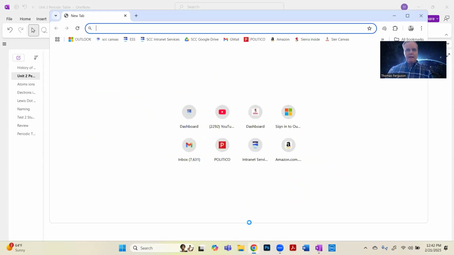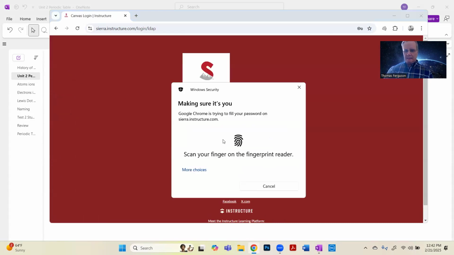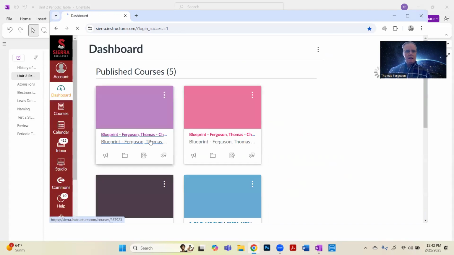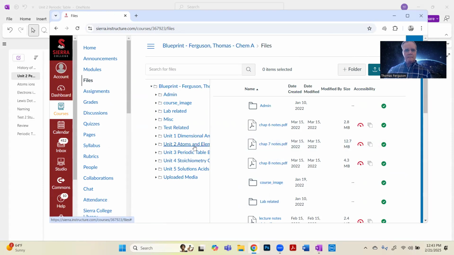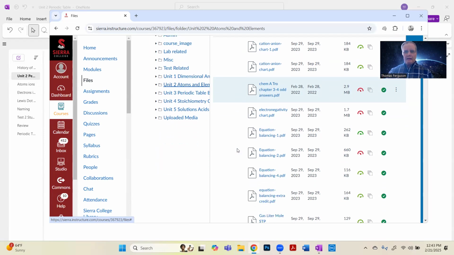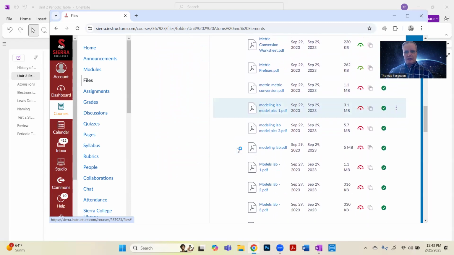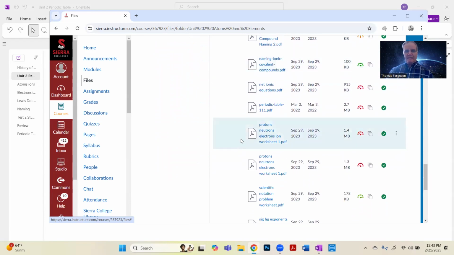Now, these worksheets are located... Okay, so if we go to a lot of worksheets here, these two worksheets here, protons, neutrons, electron, ion worksheet.